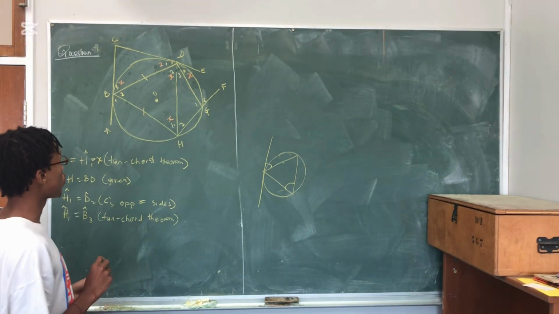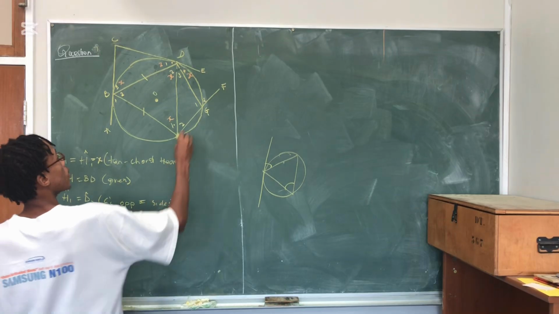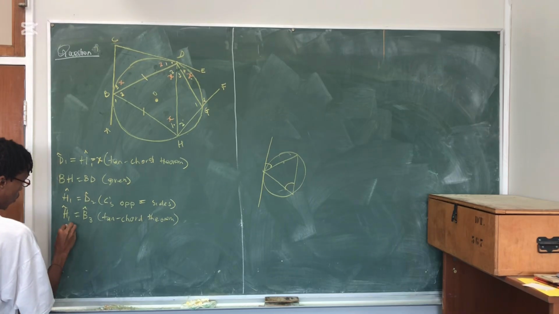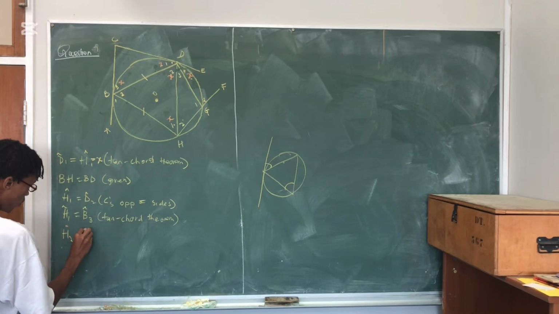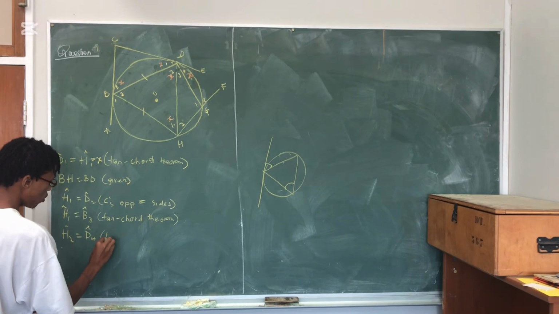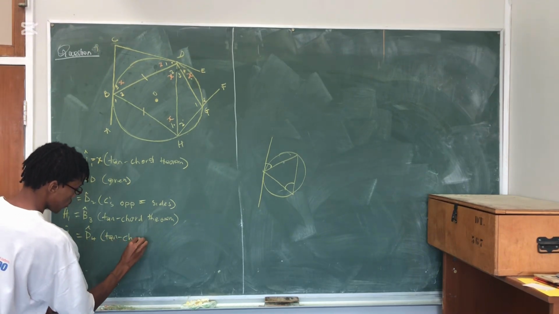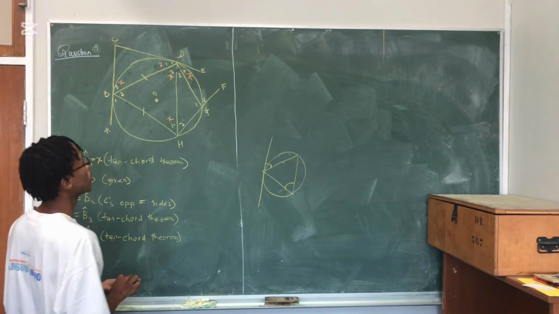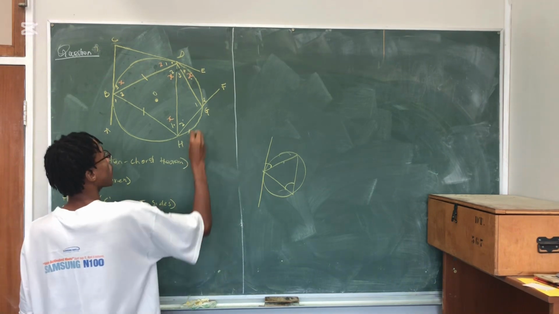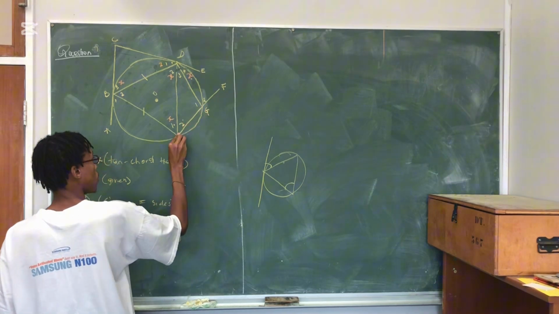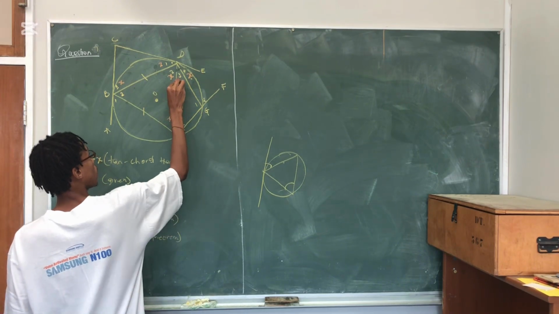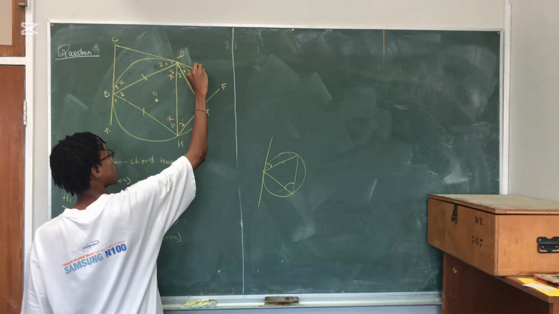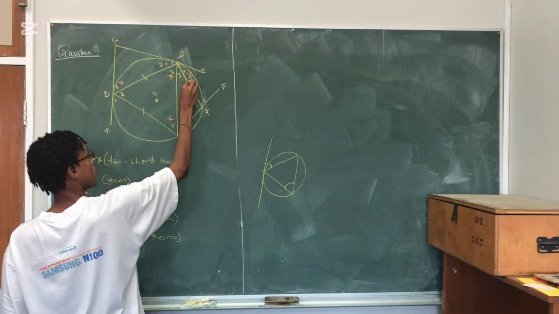Another one that we can also see is from here, this angle and this one. H2 is equal to D4, also tan chord theorem, because if you actually look at this triangle and part of this tangent, this angle, as well as this one.